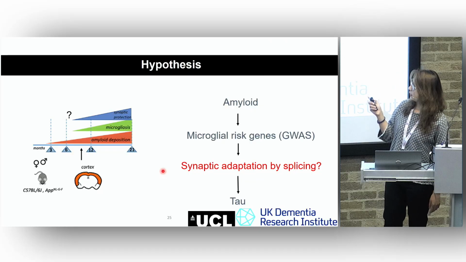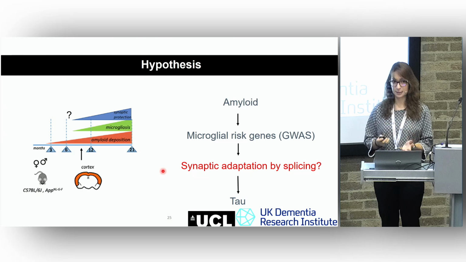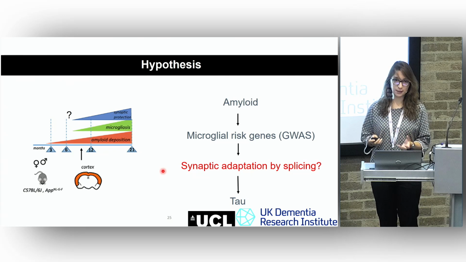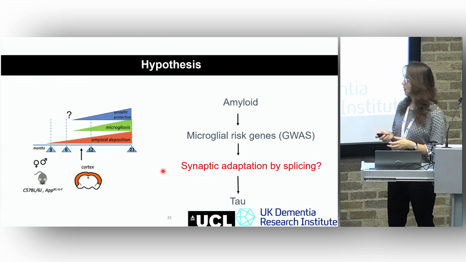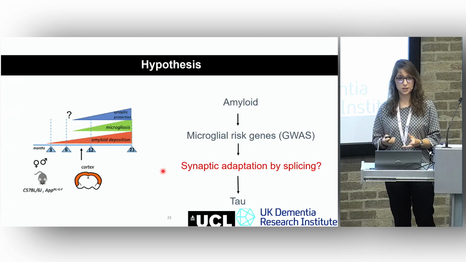So we started with the hypothesis whether familial or Alzheimer's risk genes affect splicing, and interestingly, we did not find that. So now we hypothesize that this synaptic enrichment or synaptic adaptation, because we don't have the neuronal depth.